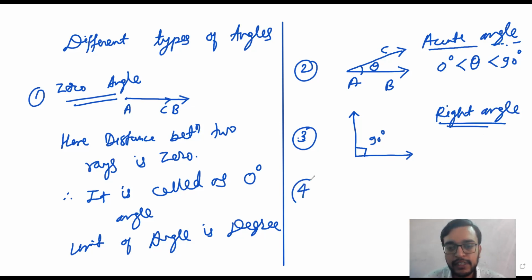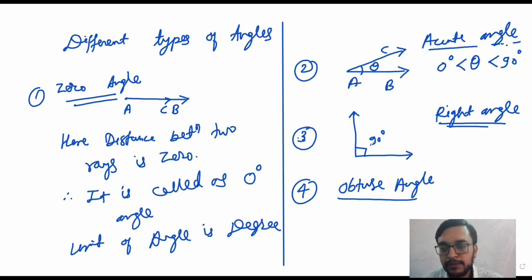Now the next one is obtuse angle. What is meant by obtuse? It is greater than 90 degree. Then how will the shape of this obtuse angle be? It will be greater than 90, so this angle will be greater than 90 degree.